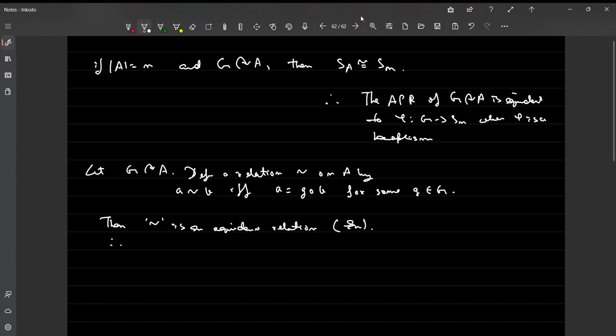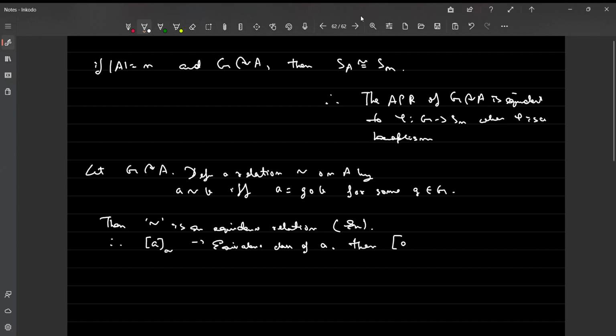And since this is an equivalence relation, we can form equivalence classes, right? So let's say we define the equivalence class of A to be this.